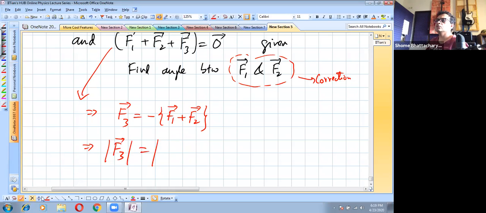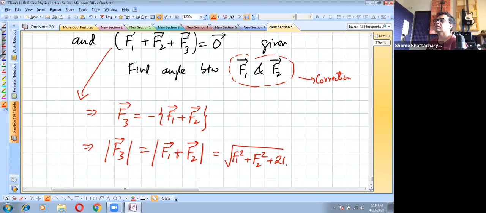So this is equal to the mod of F1 plus F2. So when I take magnitude on both sides, the minus sign goes away. So this thing you know is root of F1 square plus F2 square plus 2 times F1 F2 cos theta.